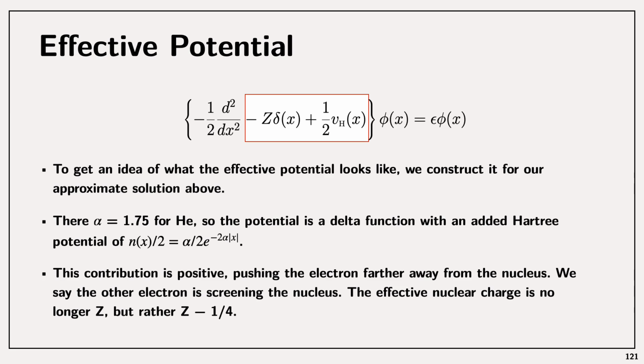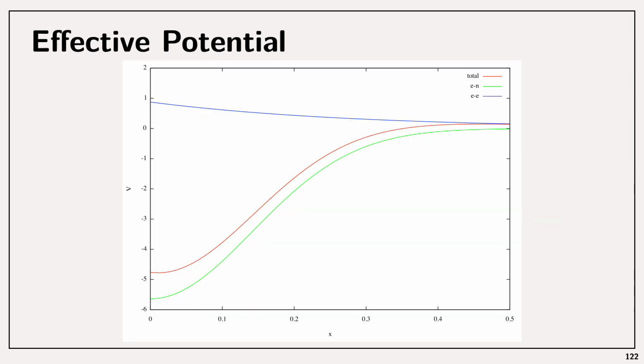So I'm going to show you an example. Of course, here the example is not using Dirac delta, but instead it's using the usual potential. And so we see, for example, here that the biggest chunk is always going to be the electron-ion interaction.